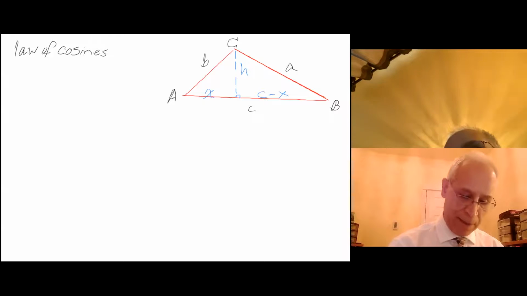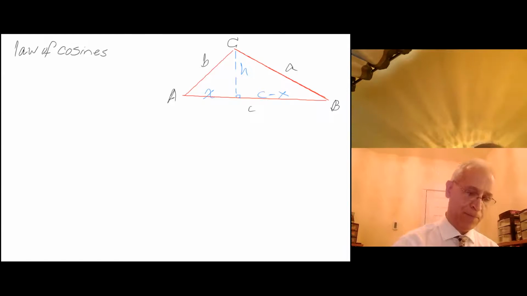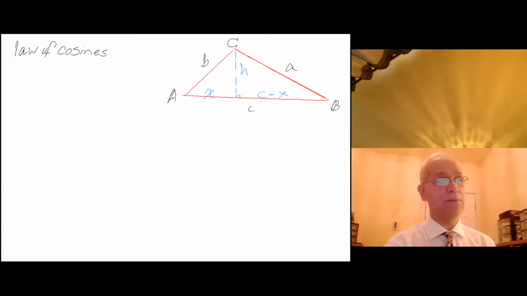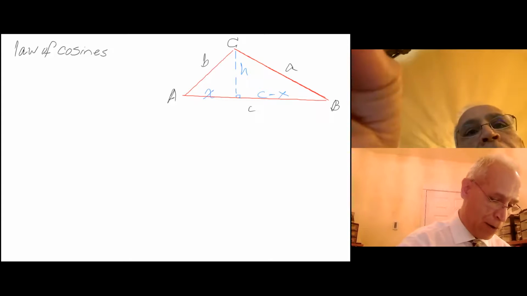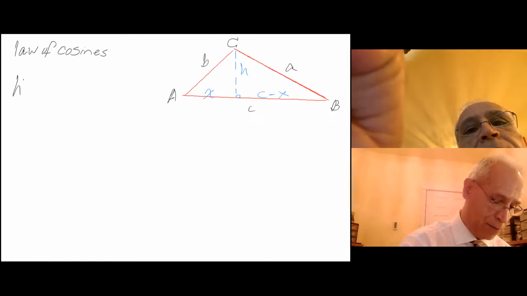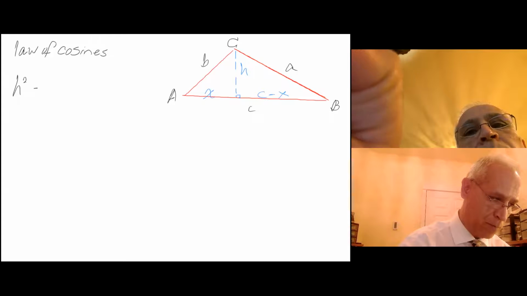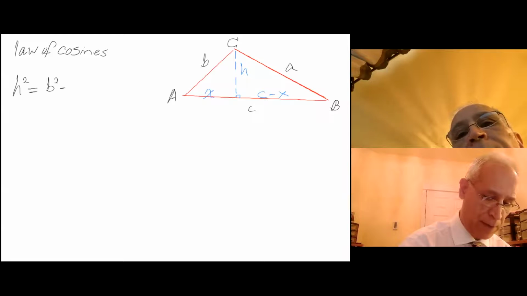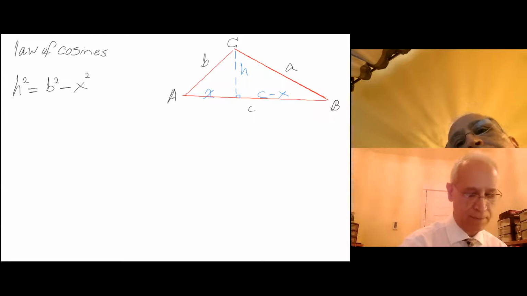And what is it that we can claim about H? Looking at the left, smaller triangle, I can claim that h squared equals b squared, which is my hypotenuse, minus x squared.